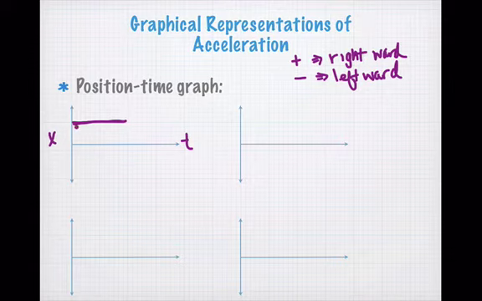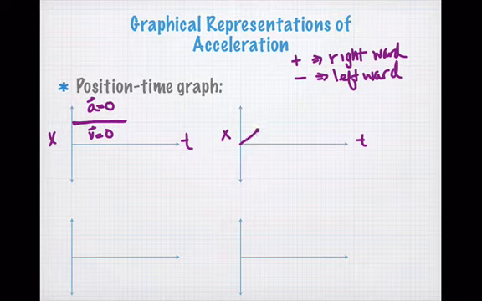If it's not changing position, then there's no velocity, and also no acceleration. So both our acceleration and velocity vectors are 0. All right. Let's say an object starts at our arbitrary origin, and it moves to the right for a little while, like this.